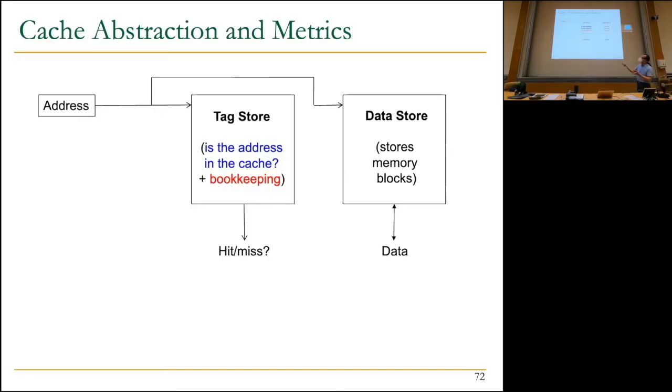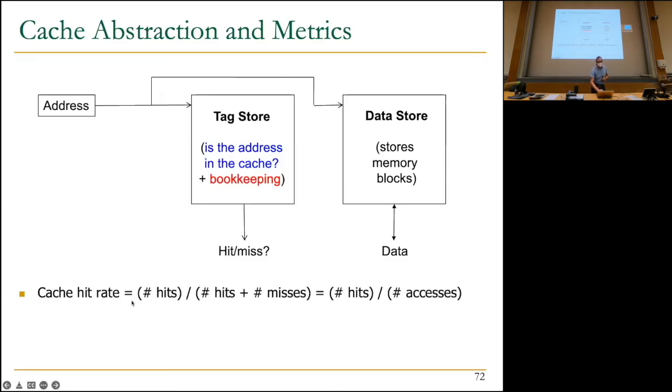If you get a miss in the cache, you will get something out of the data store, but it's wrong, meaning that's not something you want, because the tag store said what you're looking for is not in the cache. If you do concurrent querying, when you get a miss, you would have accessed the data store in a useless way, but that's the price to pay, perhaps, if you want to get the data quickly in case of a hit. Okay, so we're going to look at both of these.